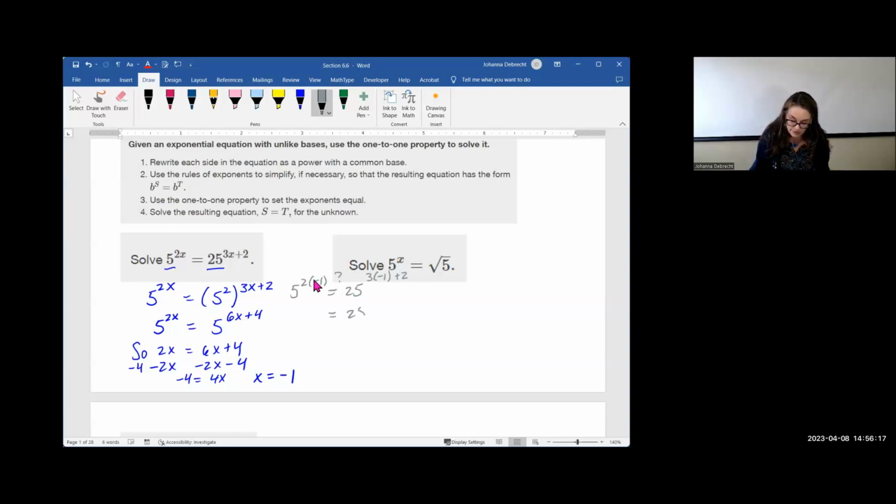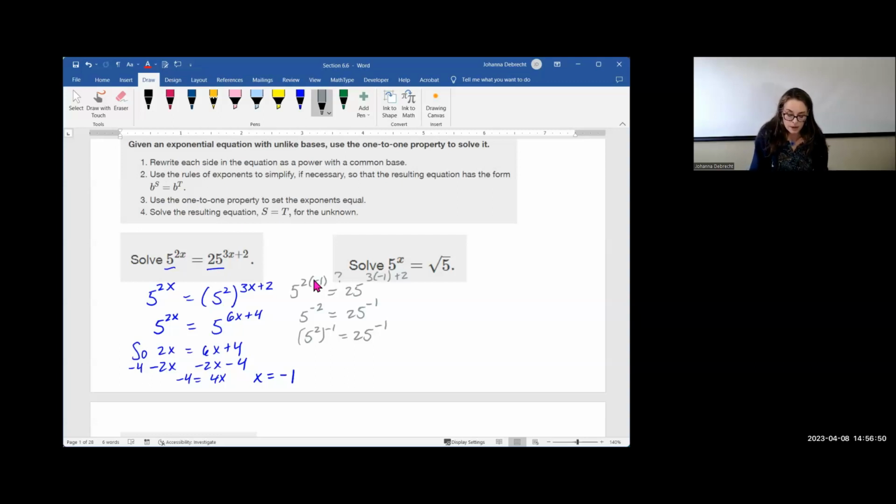So I have 25 to the negative 1 equal to 5 to the negative 2. Now I can look at this one and say, oh, well, I could also think of this as 5 to the second power raised to the negative 1 power. If I can go one direction, I can go the other direction with exponents. And 5 squared is equal to 25. So I have 25 to the negative 1 on both sides, or 1 over 25 equals 1 over 25.